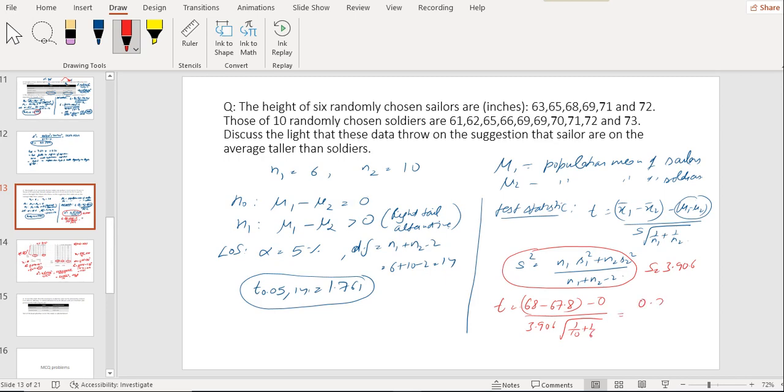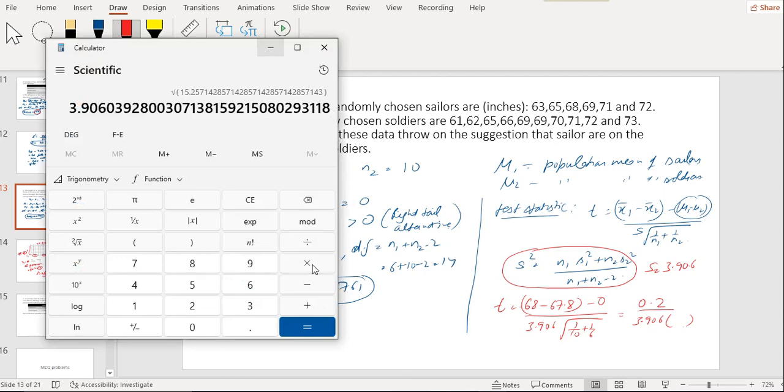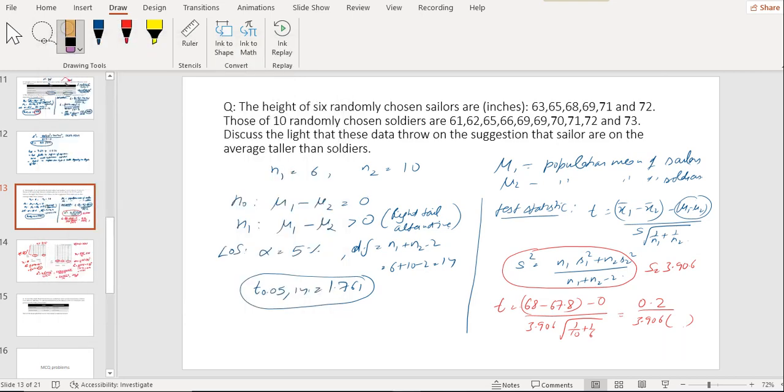So it is 0.2 divided by 3.906 into the root of (1/10 plus 1/6). Multiplying it out, the denominator comes out to 2.017 basically.